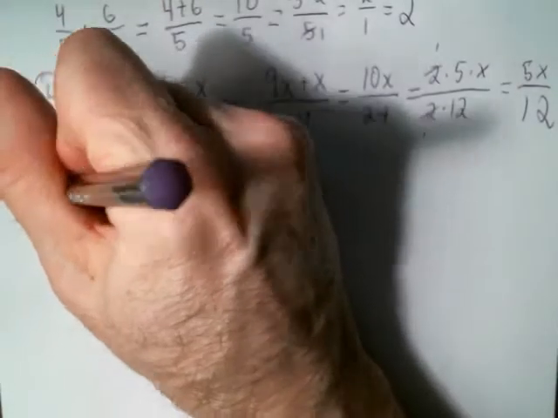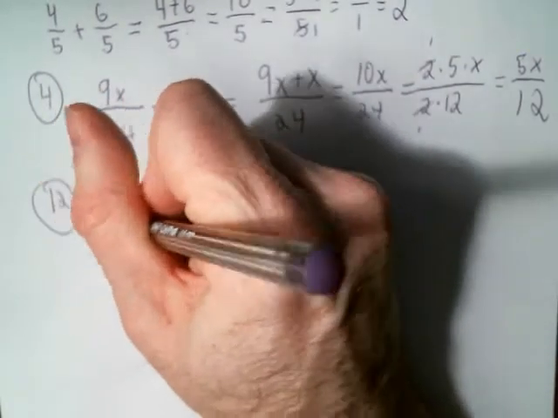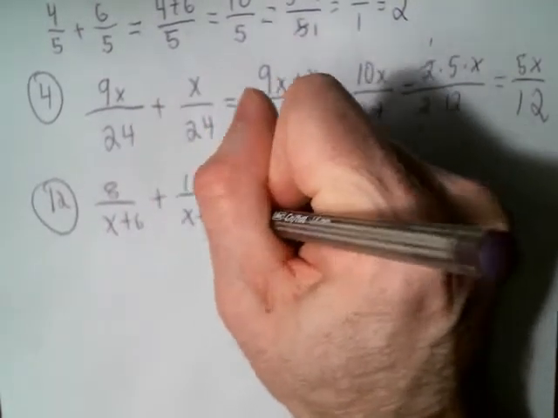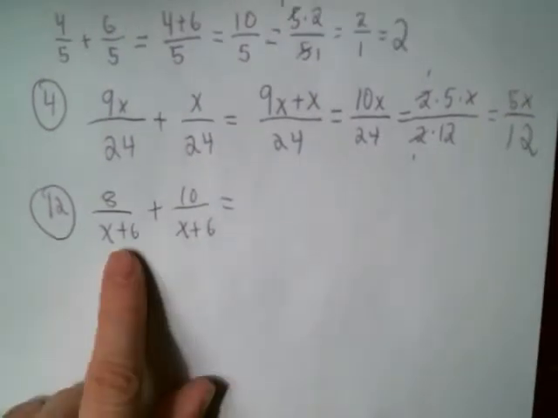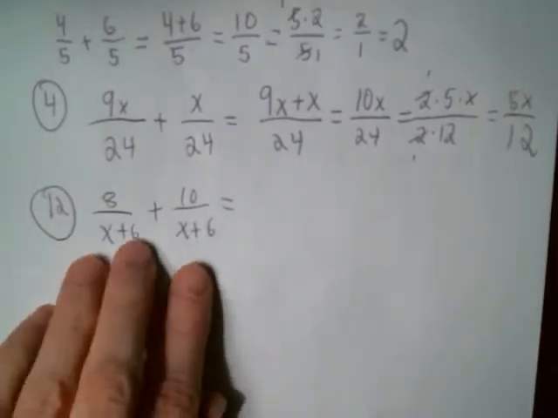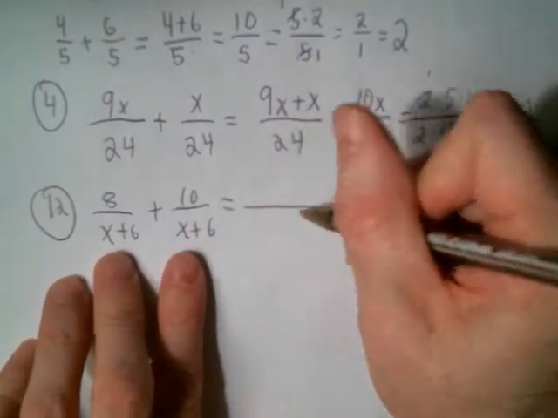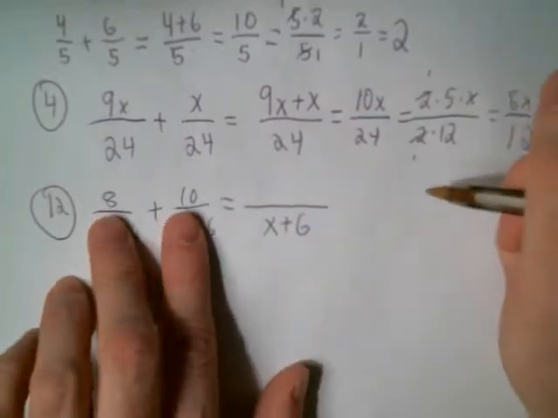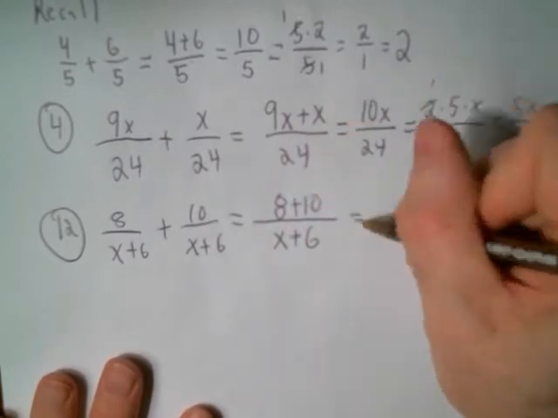Here's number 12. So yeah, 8 over x plus 6 plus 10 over x plus 6. Okay. We have a binomial in the denominator, but it's still the same idea. They're the same. Okay, so we're just going to borrow that as our common denominator, x plus 6, and then add the numerators. So I have 8 plus 10.